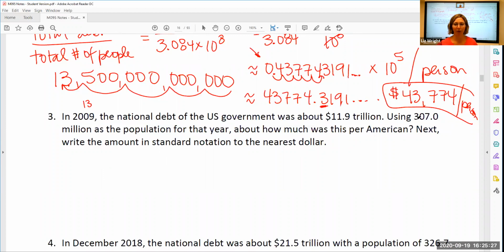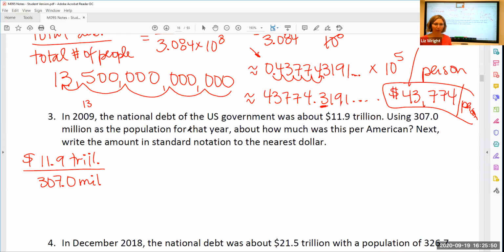And the population right here is this 307 million as a population for that year. So what you're gonna need to do is, again, you're taking your debt, 11.9 trillion, and you're dividing it by your 307.0 million, because it's how much money per person.